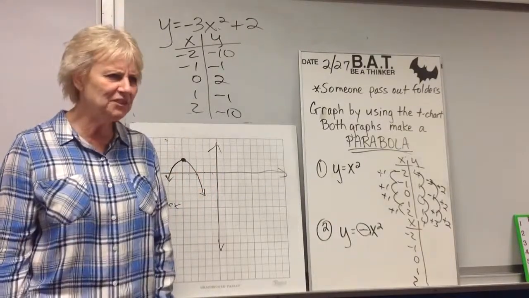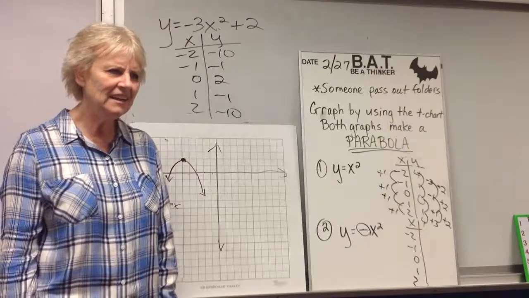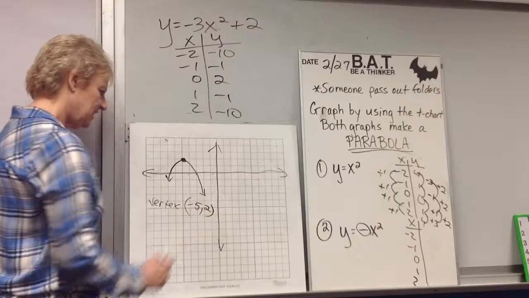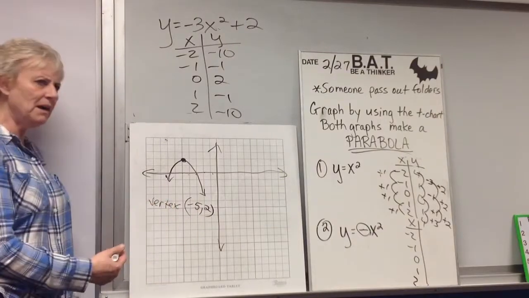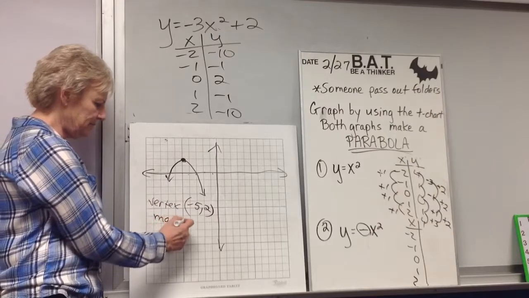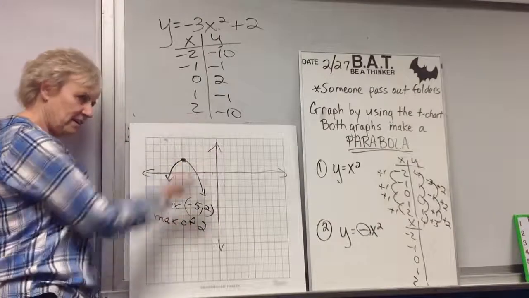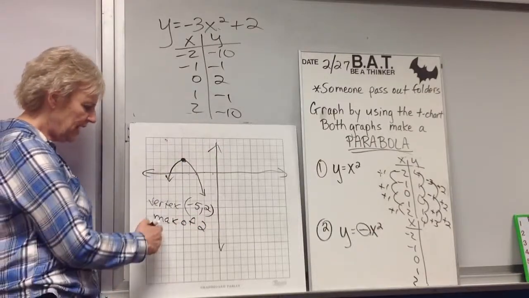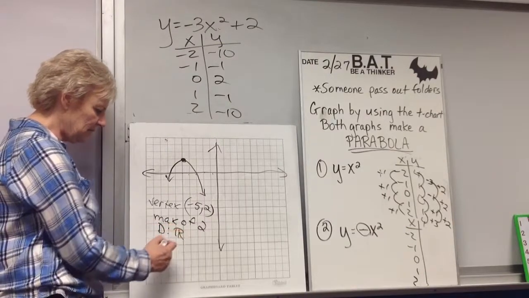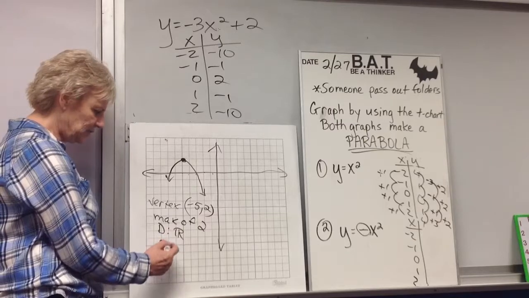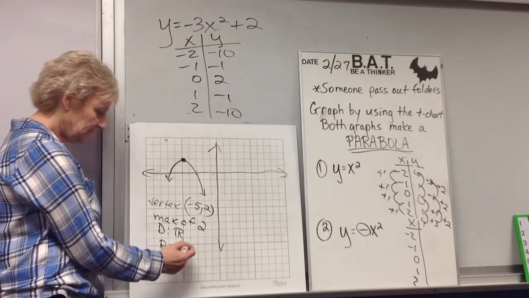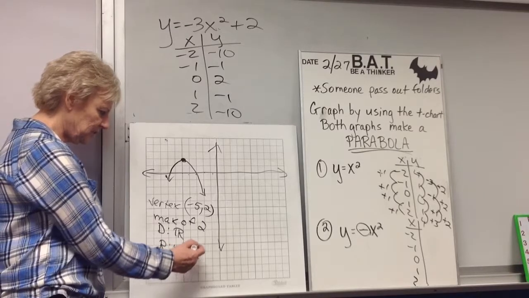It's negative 5, 2. Does it have a minimum or a maximum? Maximum of 2, because that's how high up it goes. And then the domain, all real numbers. And the range, y is less than or equal to 2.